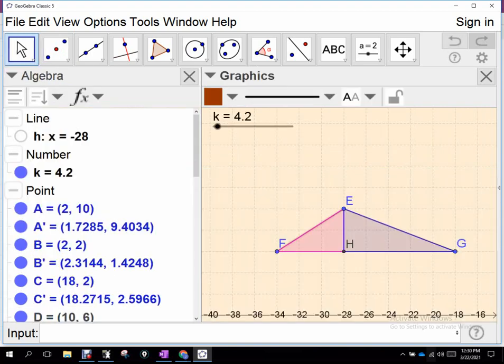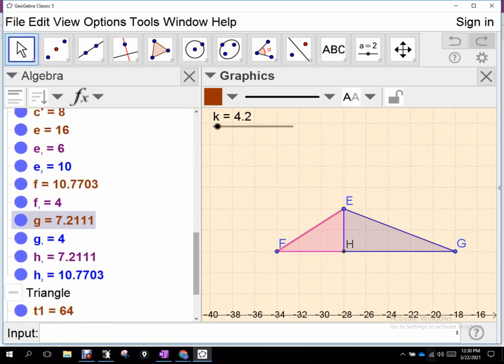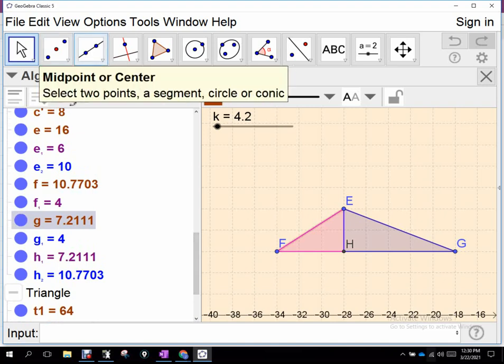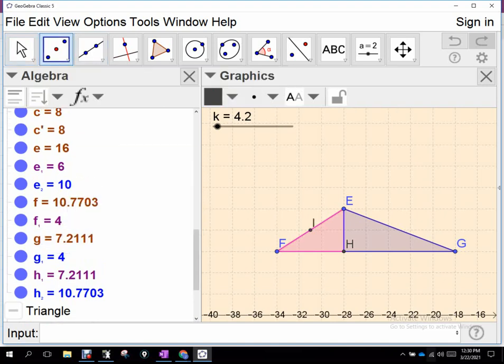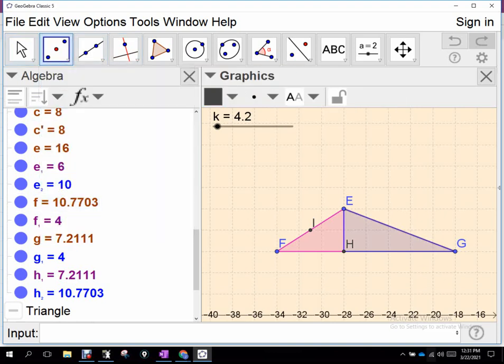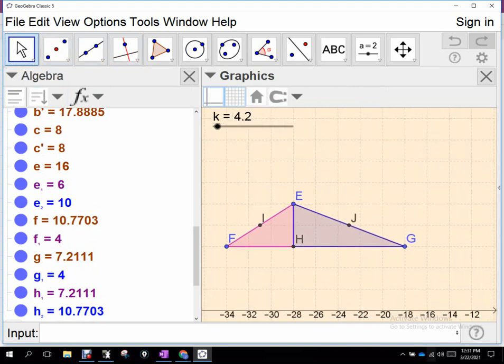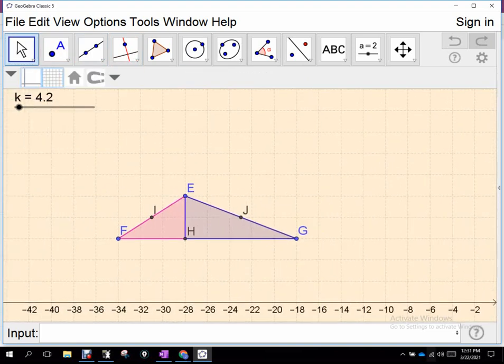Midpoint of that side. So would you agree that these are two right triangles? The way I constructed this, that was a right angle. So those are two right triangles, okay?